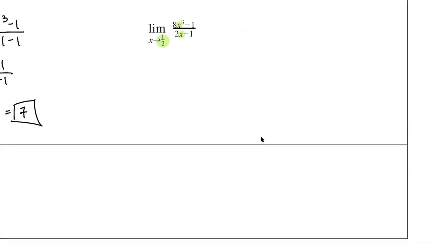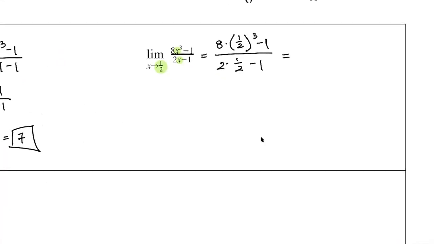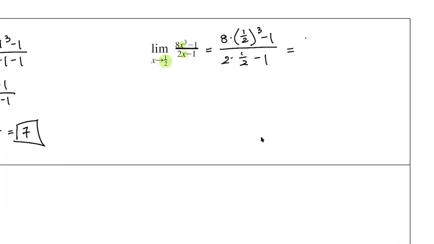So we get 8 times 1/2 cubed minus 1 over 2 times 1/2 minus 1. And this is going to give me 8 times 1/8 minus 1 over 1 minus 1, or I get 0 over 0, okay?